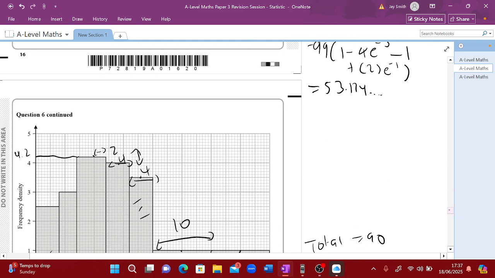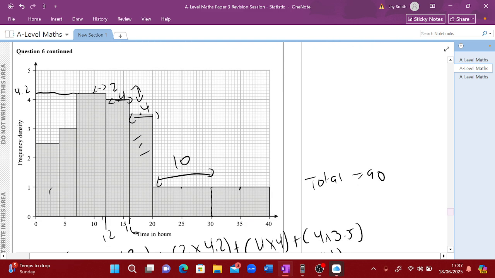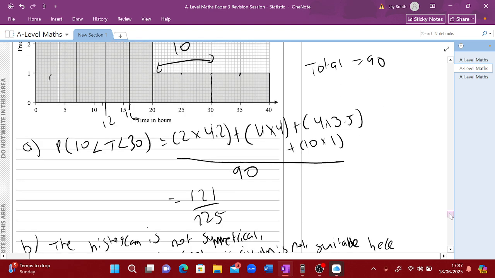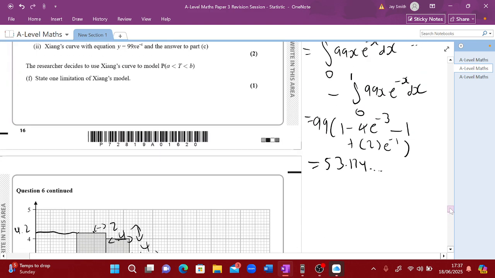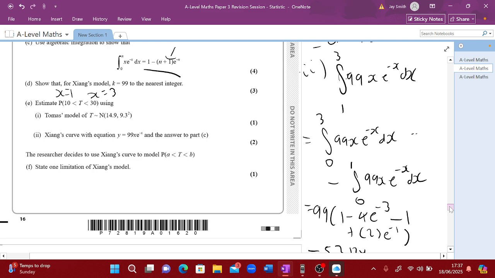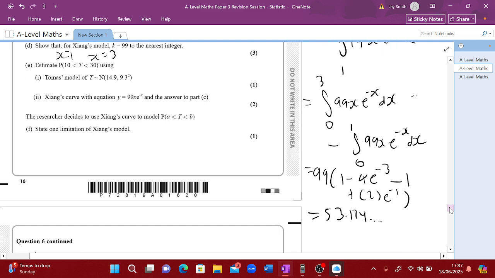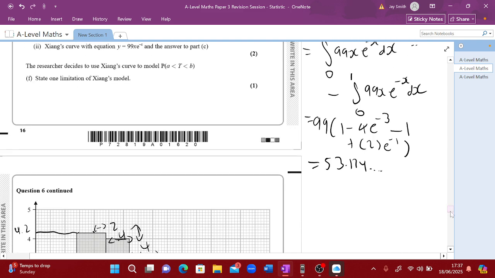But that'll tell you the frequency between 10 and 30 here, right? So between 10 and 30 here, using the curve. So then that's how many are between 10 and 30. So to work out the probability, again, that's going to be the proportion that's between 10 and 30.